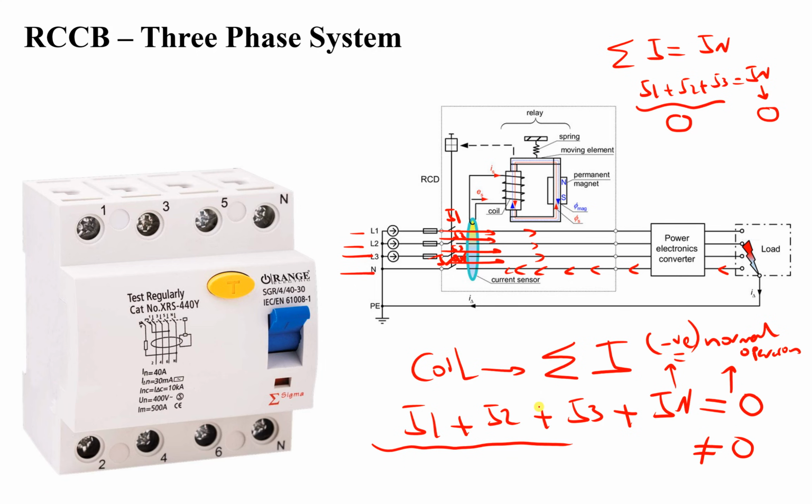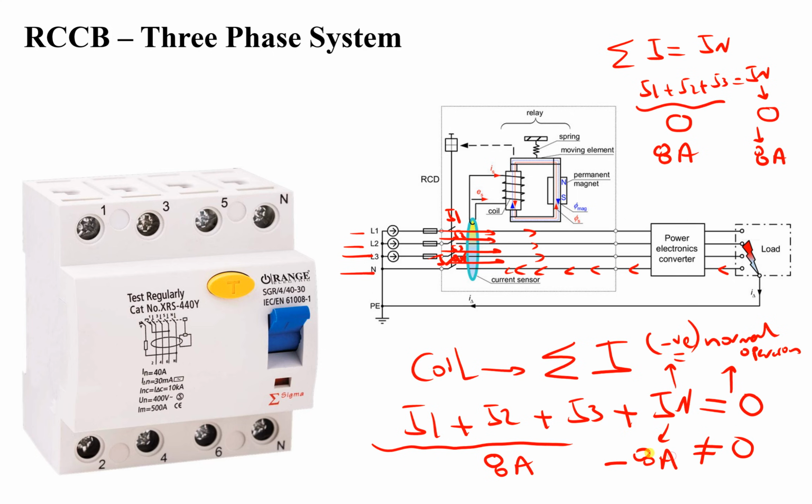So 0 plus 0 means 0, so we are in normal operation. If we are in an unbalanced system, let's say this summation is 8 amperes, then I neutral will be 8. So this part will be 8 amperes. This part will be negative 8 amperes.